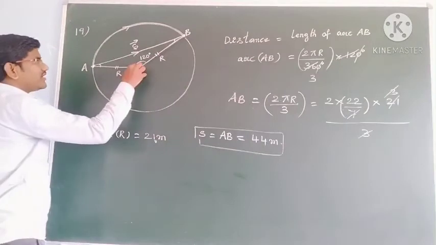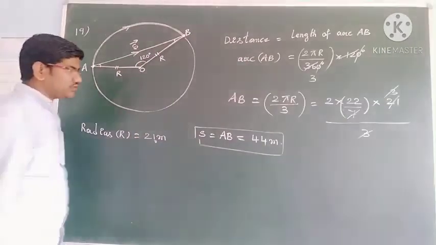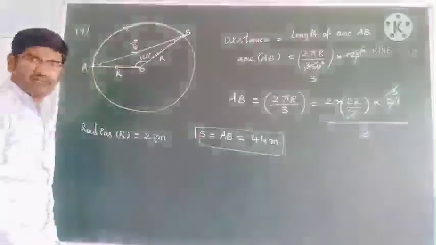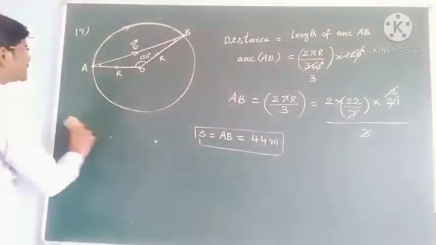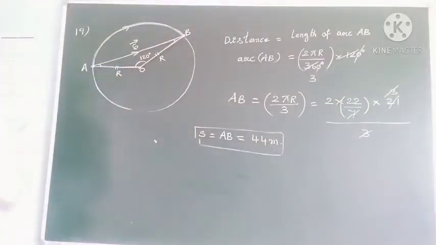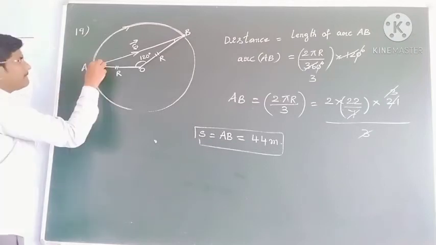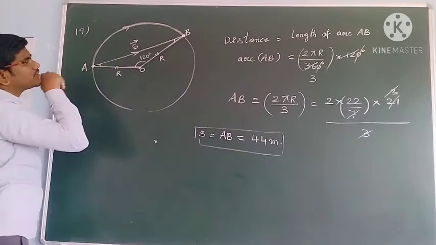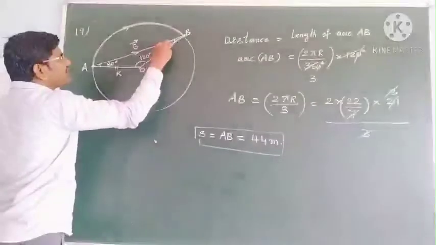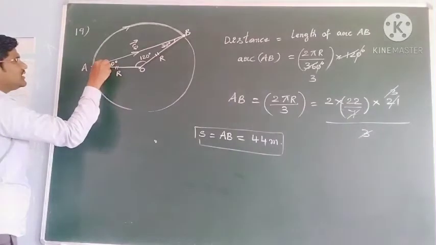So we have a triangle here that is called OAB. This angle is 120 degrees, which means this angle is 30 degrees and this angle is also 30 degrees.